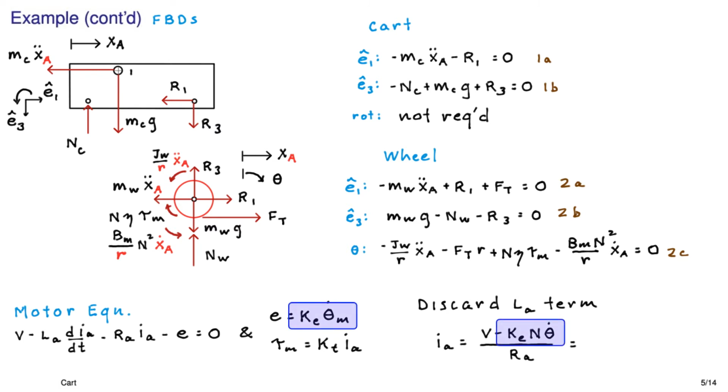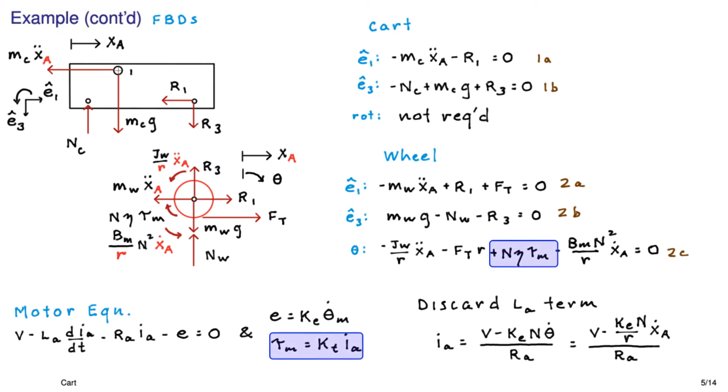So the theta m dot has become n times theta dot. And we can write that a little bit differently like this, where we replace the theta dot with XA dot over R due to our kinematics that we had on the previous page. And that's it. So that's IA, and it can be used in the tau m equation, which goes all the way back to the theta equation of the wheel.